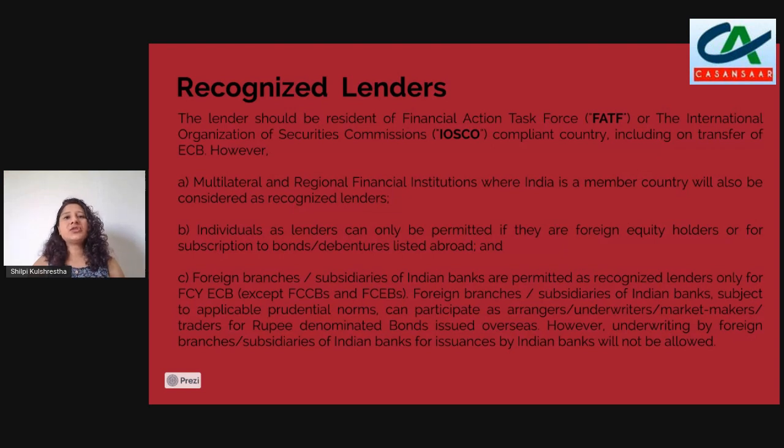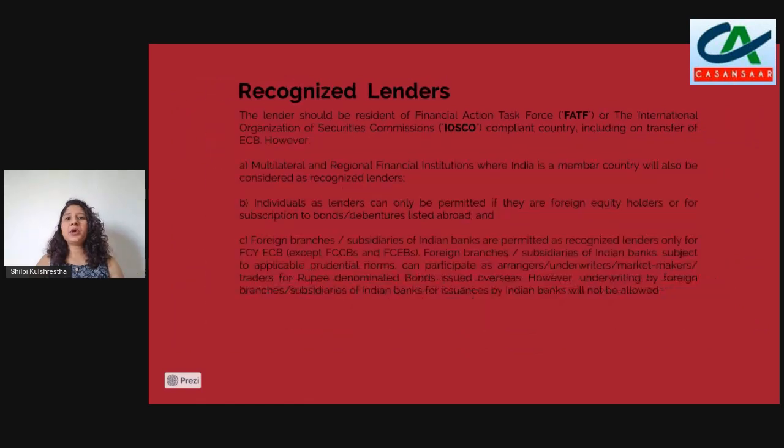So if you are going to take an ECB, if you are approaching any party to get funds as external commercial borrowings, it's really important to check whether that party fulfils any of these conditions of a recognized lender. Because if the party does not fulfil any of these conditions, it would be difficult for them to be a recognized lender, right? So now let's move to another important definition.